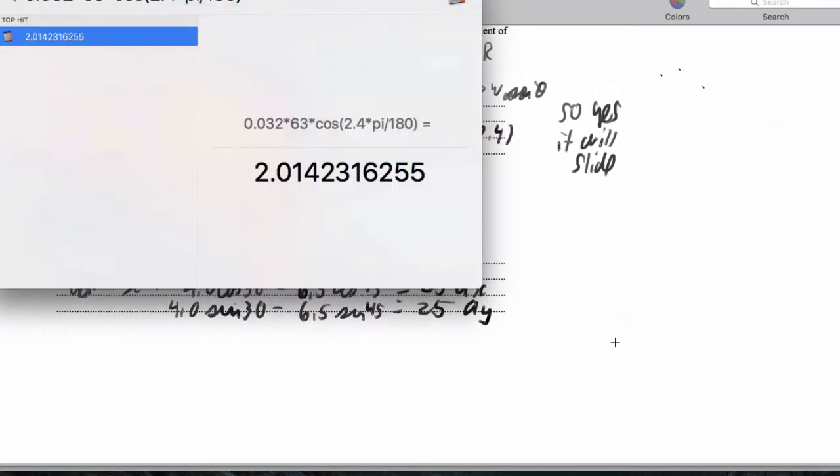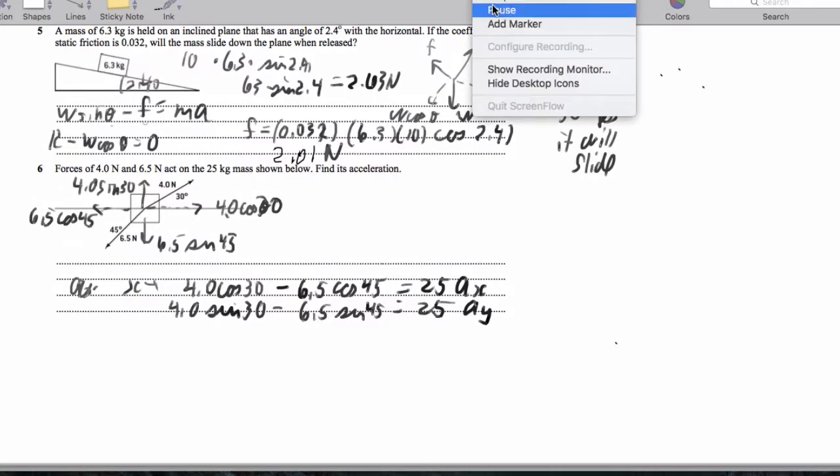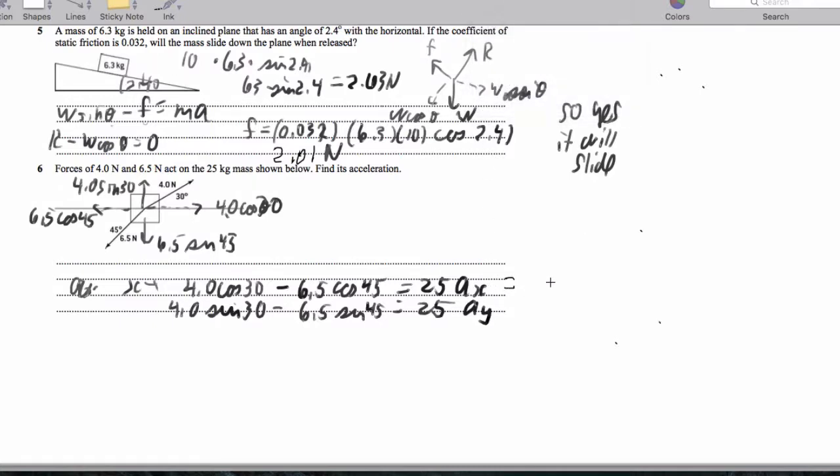So when we actually end up doing that, we'll get an acceleration of negative 0.025 meters per second squared in the x direction.